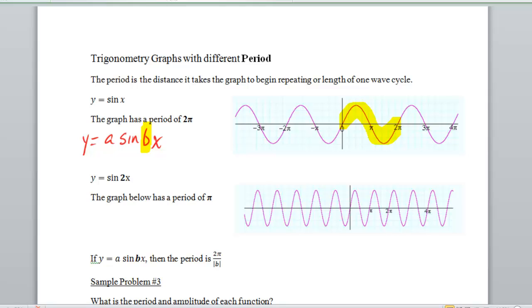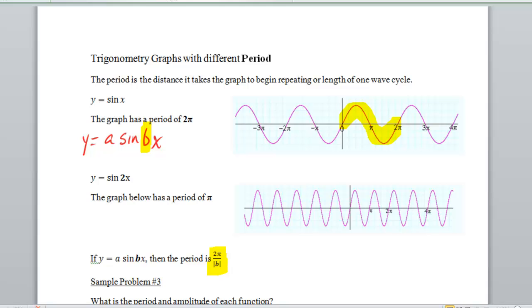What we get is an equation that tells us the period is 2 pi divided by this frequency b. Notice we use the absolute value of b because it is a distance, a length of the circle, so we have to come up with a positive value.